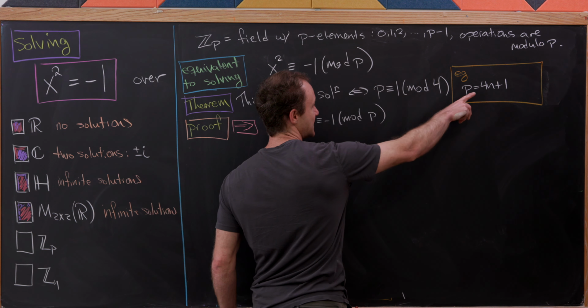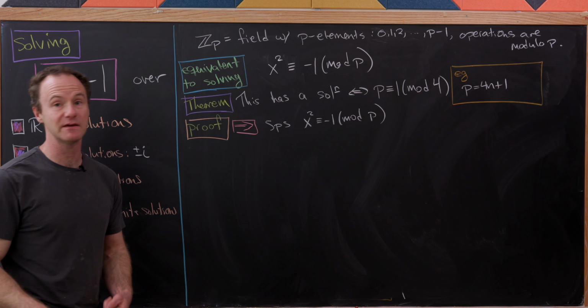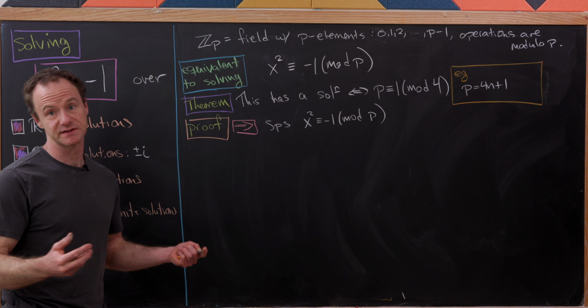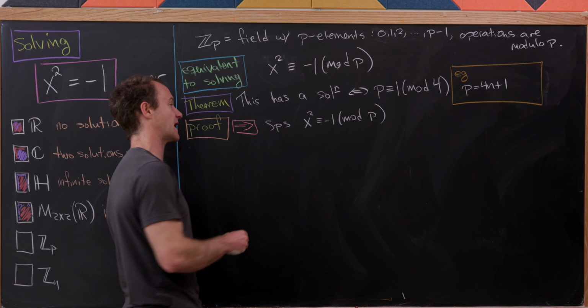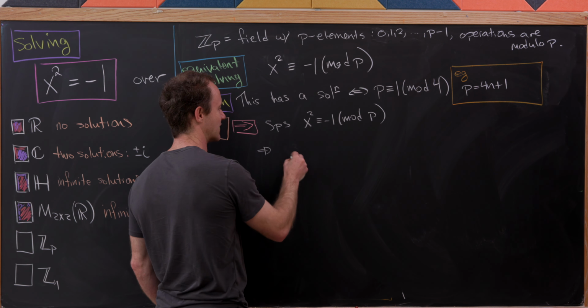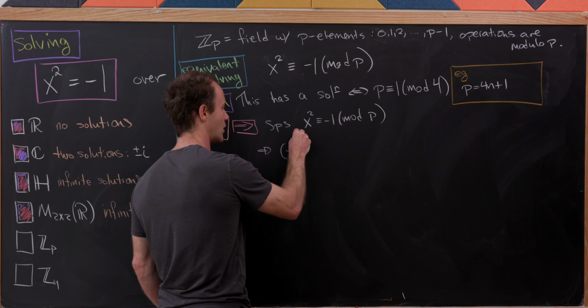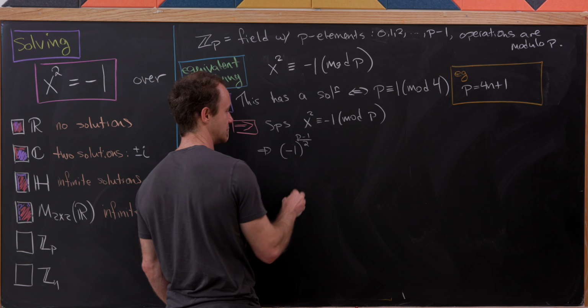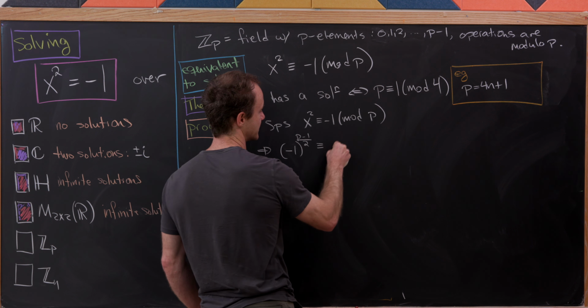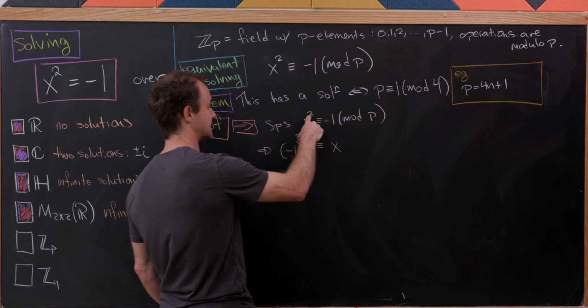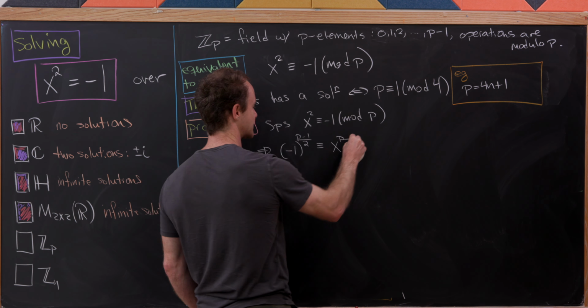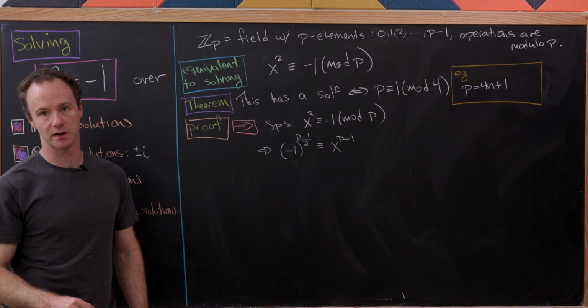Now notice, because P is congruent to 1 mod 4, so P = 4n plus 1, (P-1)/2 is a natural number, so we're okay there. And then at the same time, I'm going to flip this. So we have (-1)^((P-1)/2) is congruent to (x squared)^((P-1)/2), but that turns into x^(P-1).